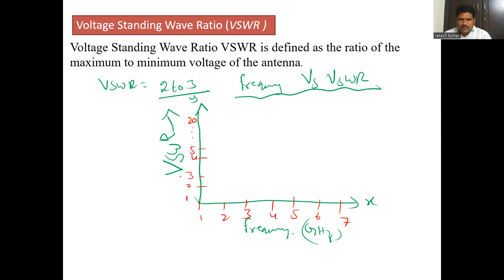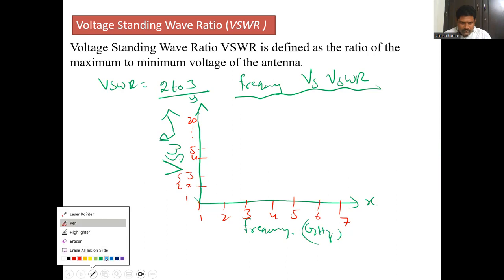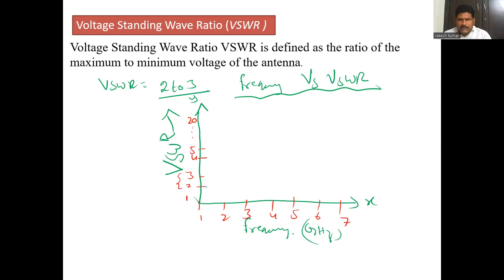Here the minimum threshold you want to take is between 2 and 3, which means you can draw a line at 2, as we drew a line at minus 10 dB.